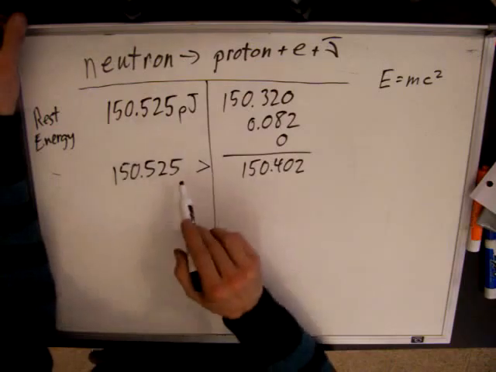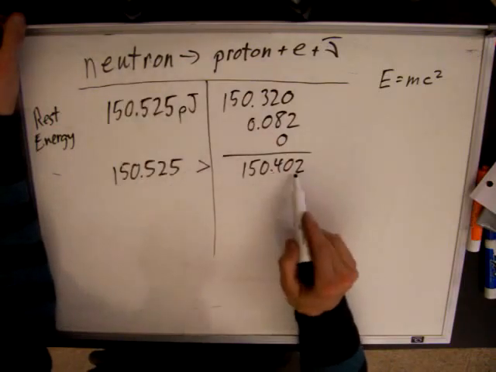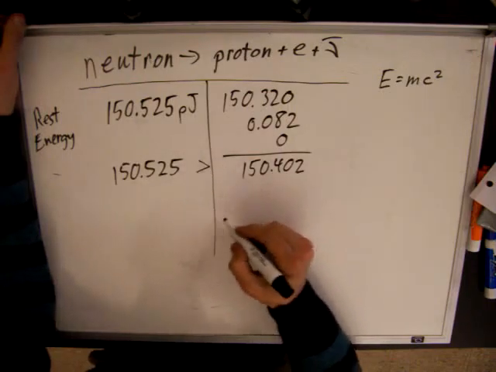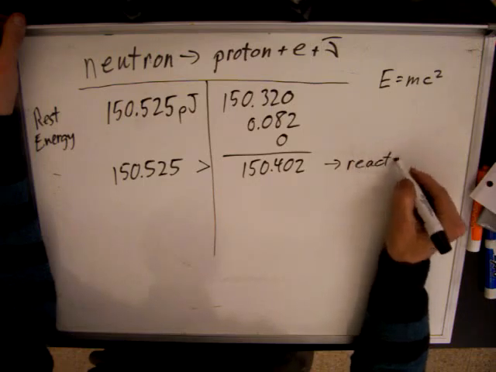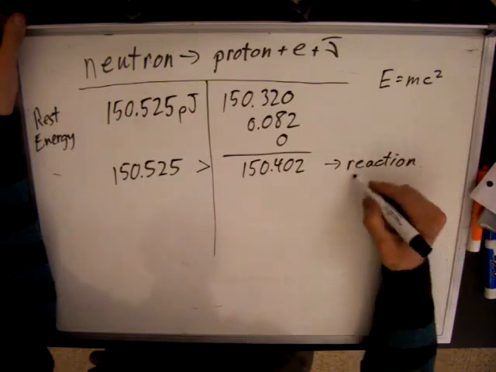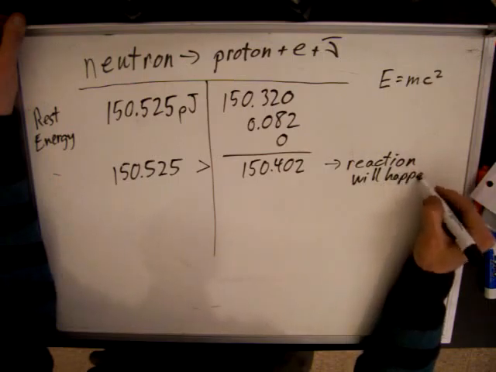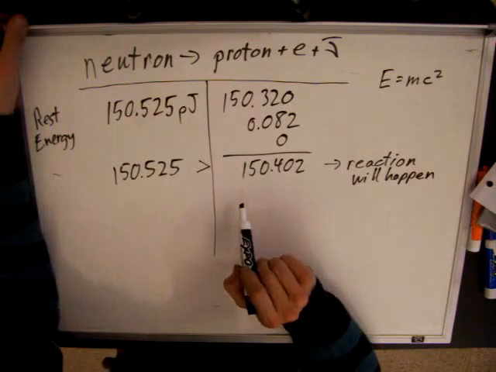So the total energy on this side of the reaction is larger than the total energy on that side of the reaction. That means that the reaction will happen, and that the reaction will go in this direction.